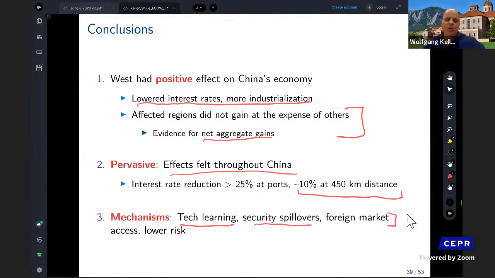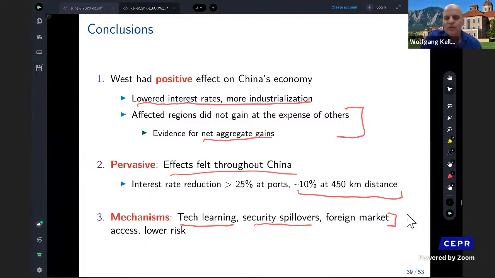That has always been considered prima facie evidence for security spillovers, because people were more protected in these treaty ports, as the Westerners had some garrison and military there in order to protect their interests, and that had something to do with this migration.